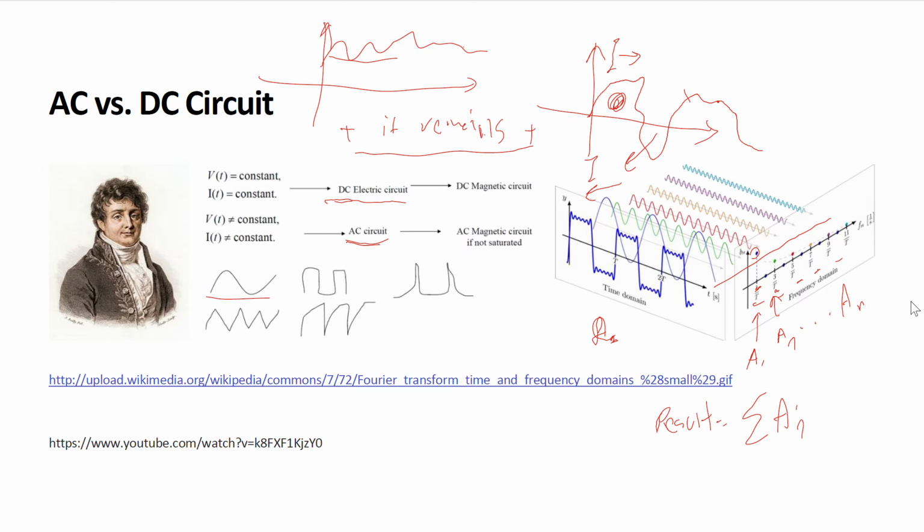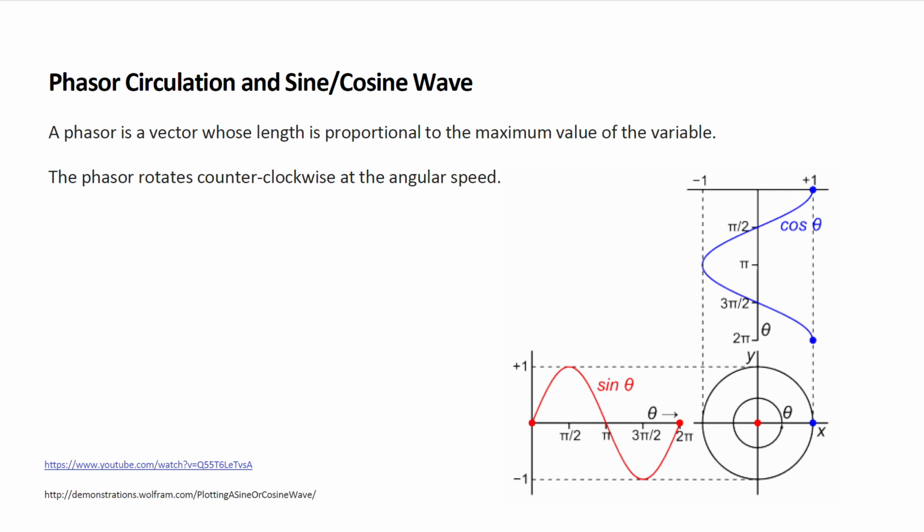So now that being said, let's go a little bit deeper and talk about what the phasor is and what the relation is between the phasor and sine and cosine waves. When we have a sine and cosine, we can represent them as a projection of a vector that is rotating with the speed of the frequency that we have.